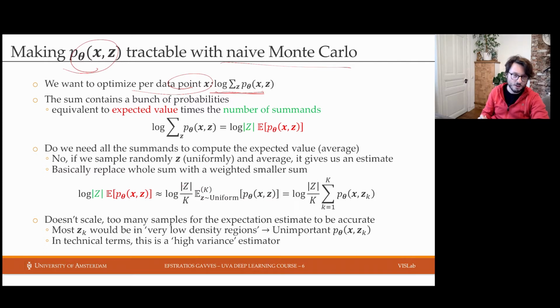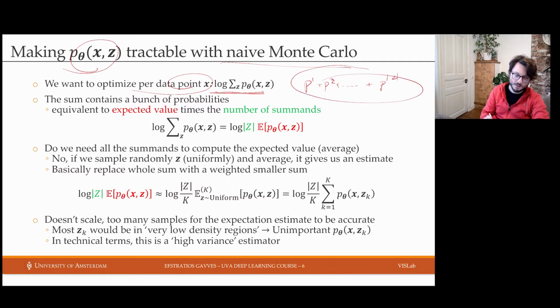So now we have the log of the sum over all latents. Now we can actually see this as a very big summation, right? So that's like a summation of P1 plus P2 plus P of absolute Z, where absolute Z stands for the total number of combinations of Z.